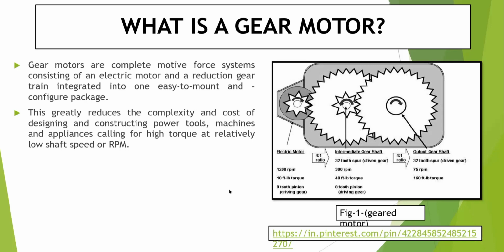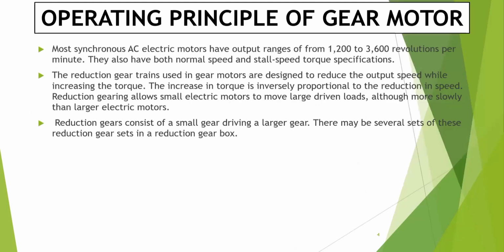That's why I'm saying it's a different type of motor. As you can see, 1200 RPM, 3600 RPM. So you can see there is a four to one ratio, three to one ratio, but normally we go with one ratio. So basically the gear motor principle: we have a range of 1200 to 3600 revolutions per minute, and they have both normal speed and stall speed.